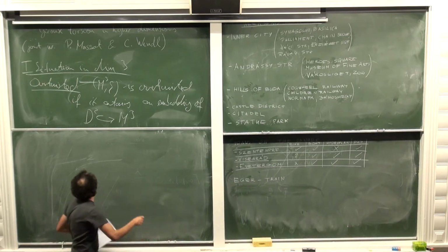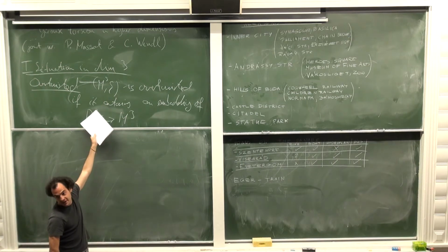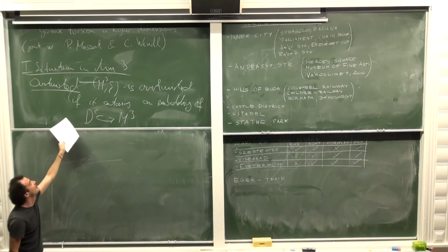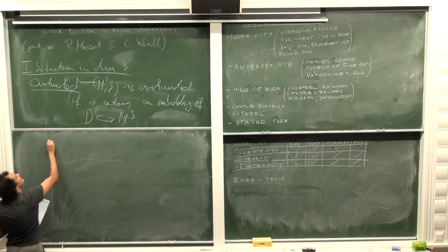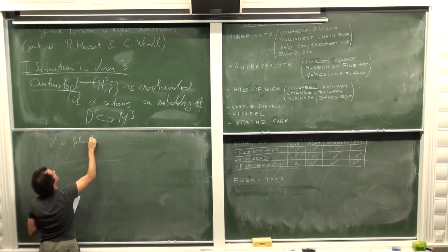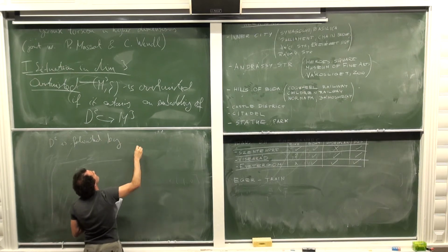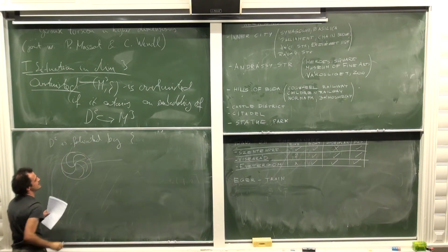So what do we need? The disk has dimension 2, the contact structure has dimension 2, we have a 3-manifold, and if you intersect both structures, like the tangent space of D2 and the Xi, we obtain a foliation. So D2 is foliated by Xi like this. So this is the standard picture of the over-twisted disk.